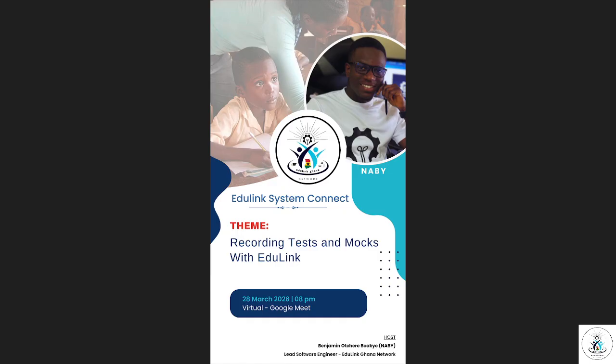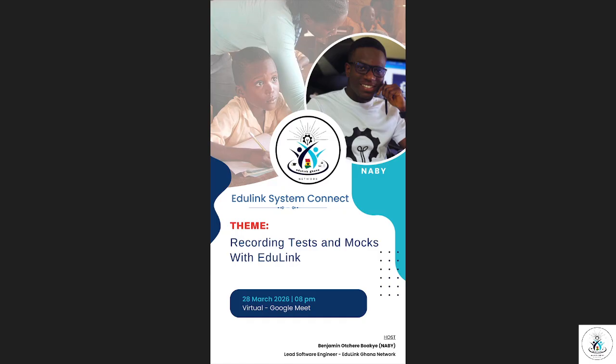The idea becomes more clear if we shift it to mocks. So JHS3 students, they do mocks, and they do a couple of mocks: mock 1, mock 2, mock 3. So how do you evaluate students' performance on the mocks? Mock 1, how were the students' performance? Mock 2, how are they performing? Are they improving?